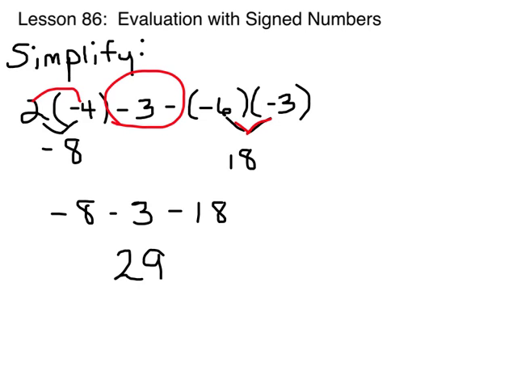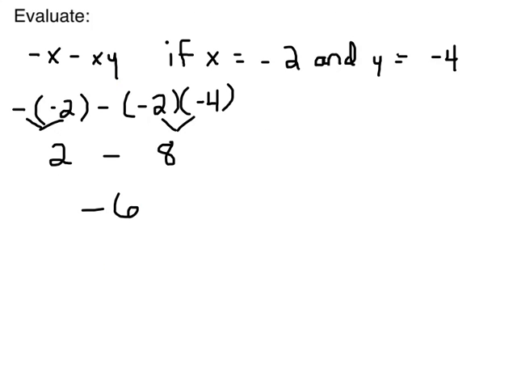So I have -8 minus 3 minus 18, or -8 plus -3 plus -18. We're adding all the way across, and the answer is going to be -29.